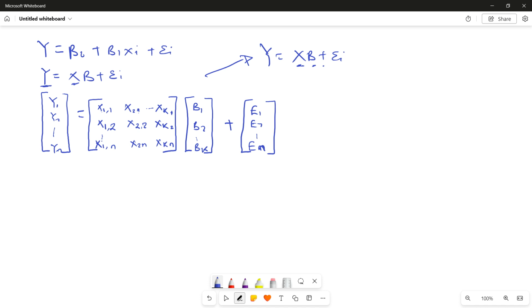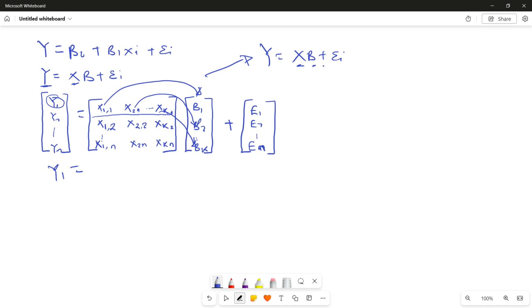For instance, the first y, we can say y1 is equal to, we can start multiplying. Remember, with matrix multiplication, it's row by column. So x1 will multiply by beta 1, x2 will multiply by beta 2, and xn will multiply by beta k.